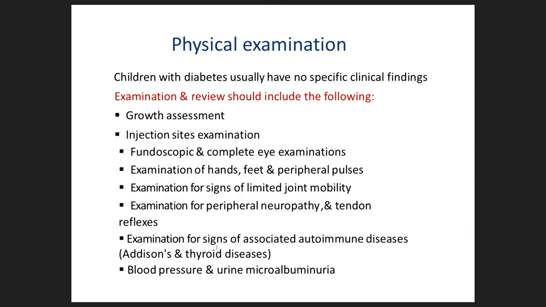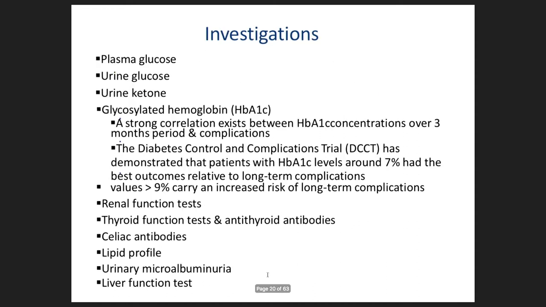Repeat again: celiac disease, Addison disease, autoimmune thyroid disease. Also, a child or adolescent with diabetes should have blood pressure regularly checked, as well as annual urine microalbuminuria. Urine microalbuminuria is the first manifestation of nephropathy.